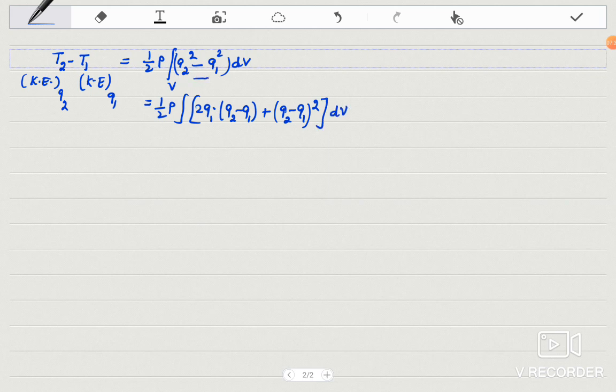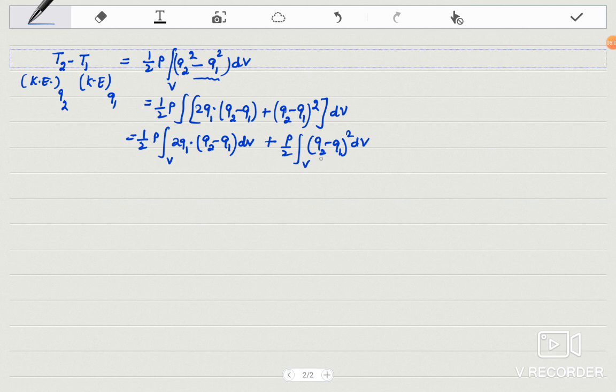If you solve it, you will get q2 square minus q1 square. Write it separately as two integrals: rho times the integral of q1 dot (q2 minus q1) dV, and again rho by 2 times the volume integral of (q2 minus q1) square dV.